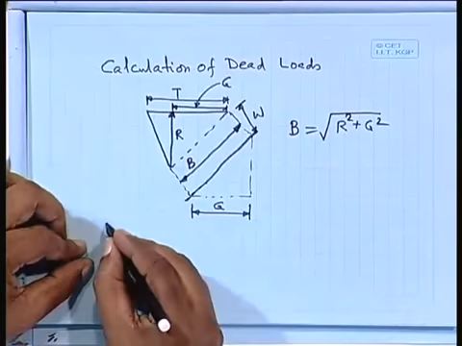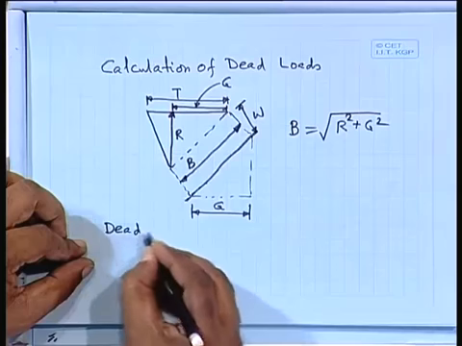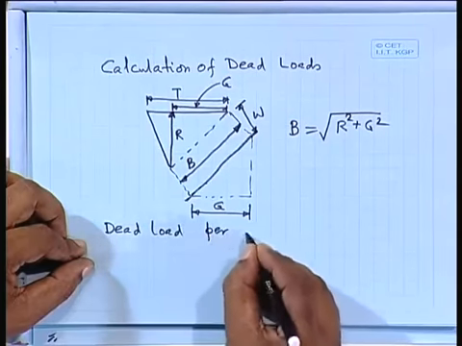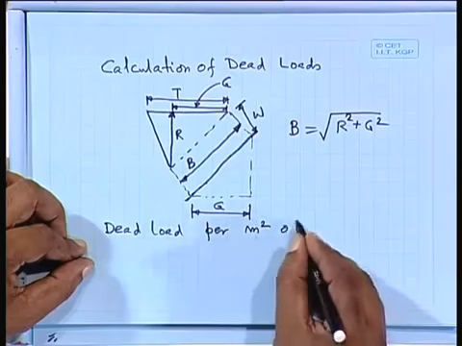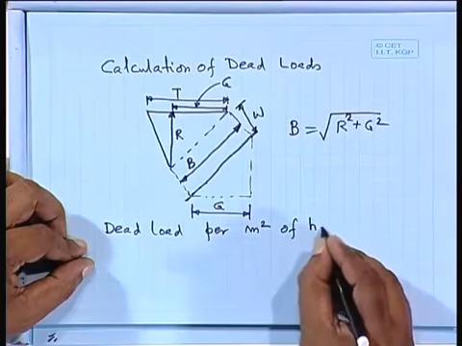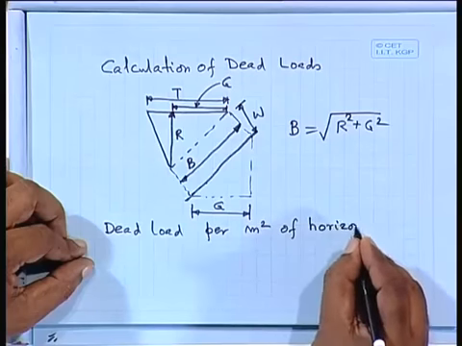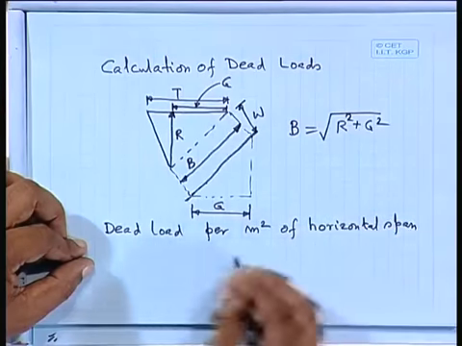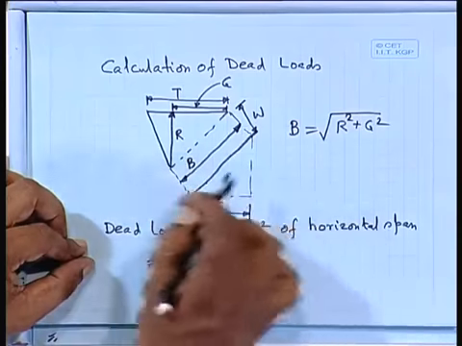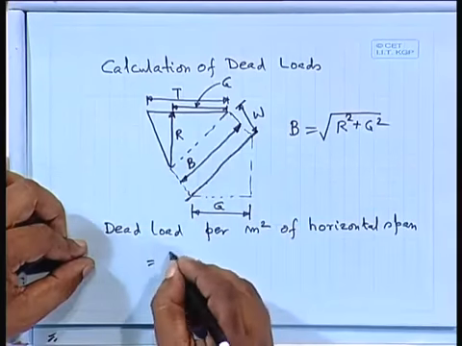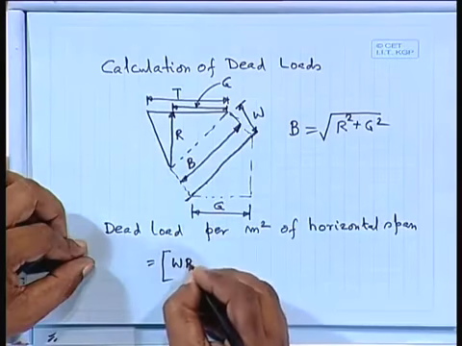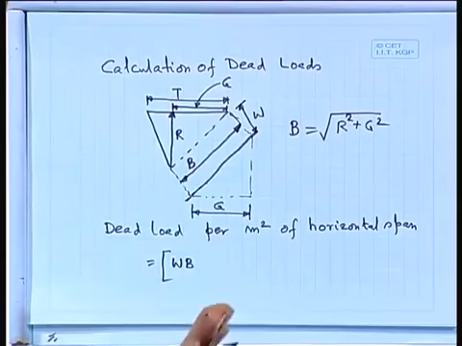and dead load per meter square of horizontal span means along this, that one will be equal to the weight of this one W times B, and we are talking, say, per unit width.